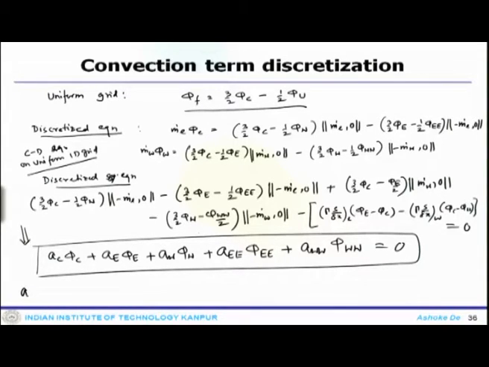In this, A E is flux F E, which is minus gamma E S E by del x E minus 3 by 2 m dot E 0 minus m dot W 0.